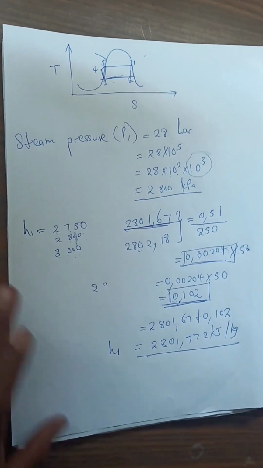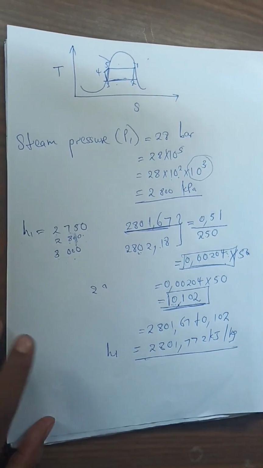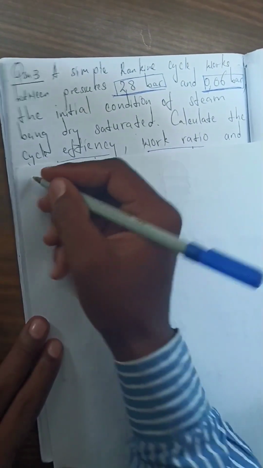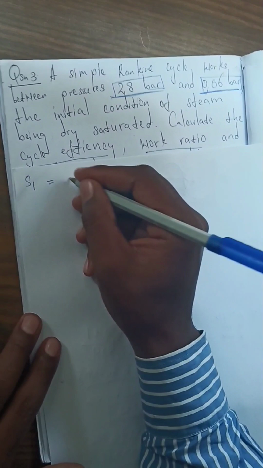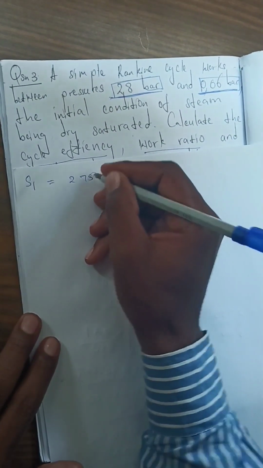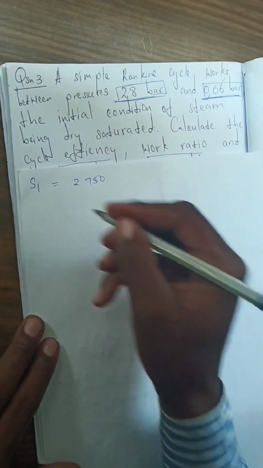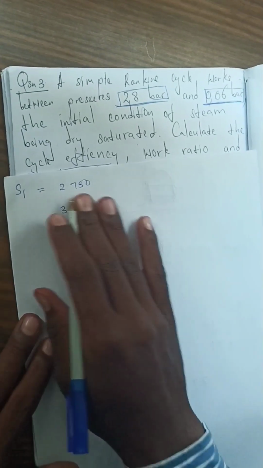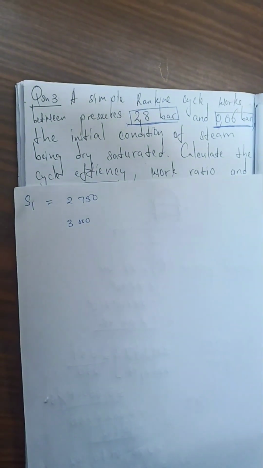So we have to also find the S1. On S1, we are also going to interpolate, because we need the S1 of this 2800. So now we know that on our pressure we just have this 2750 and 3000 here, and then we are going to check the corresponding value of SG of this 2750.